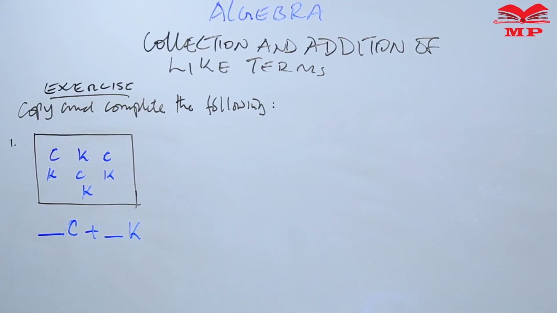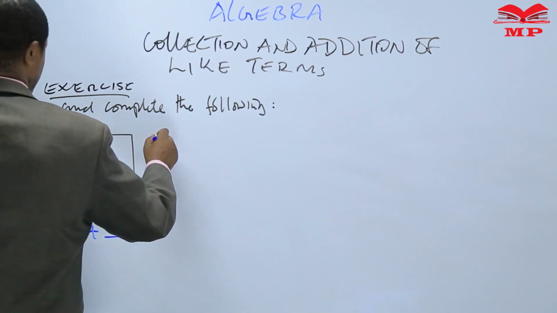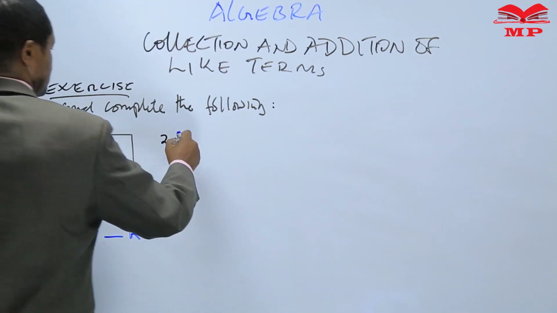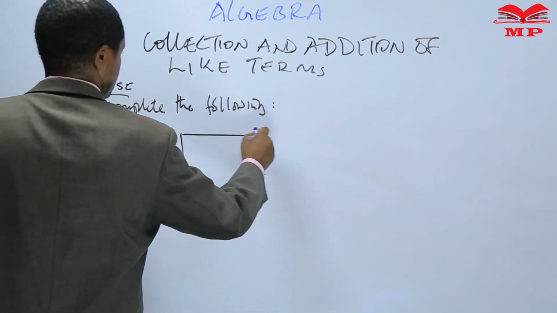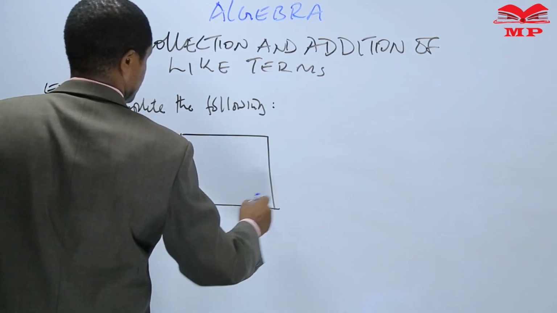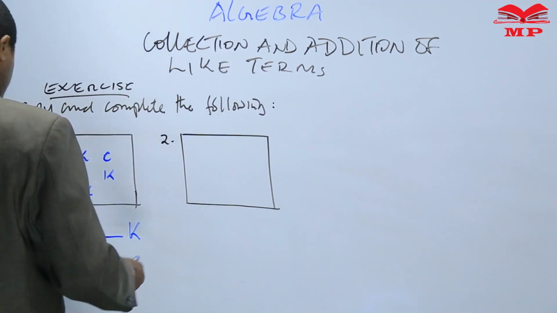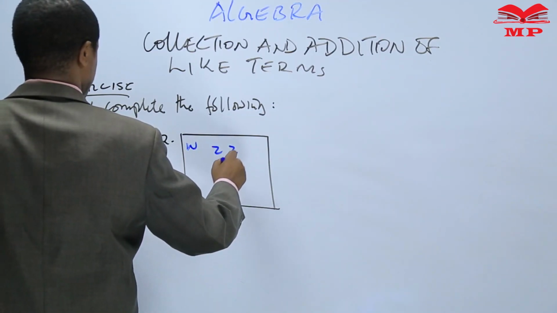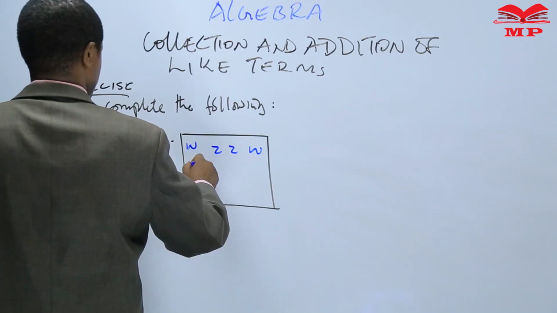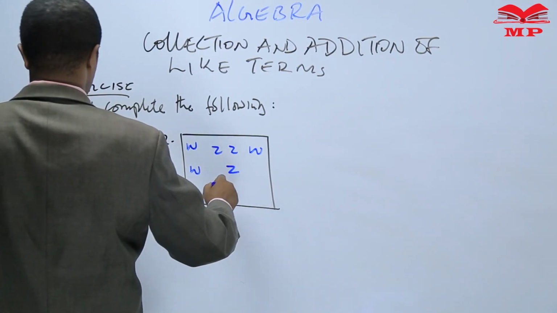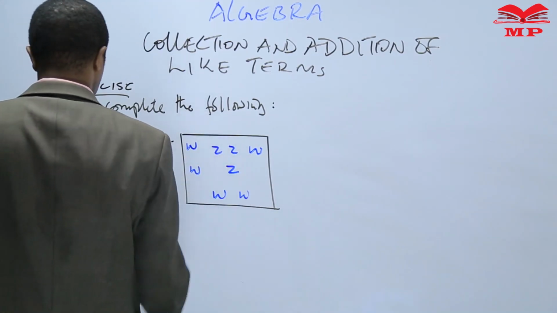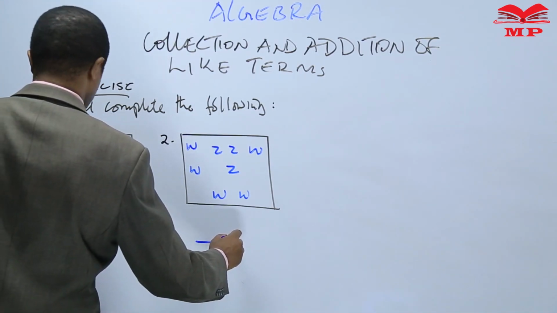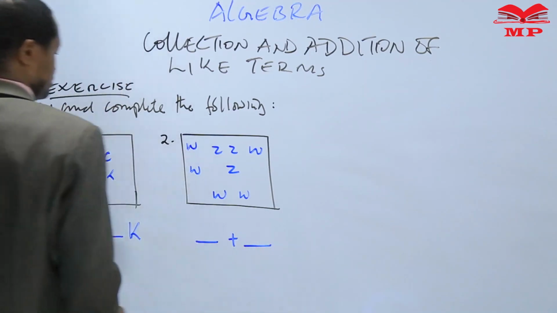Then number two, another box. We have W, Z, Z, W, W, Z, W, W. So you have dash plus dash.